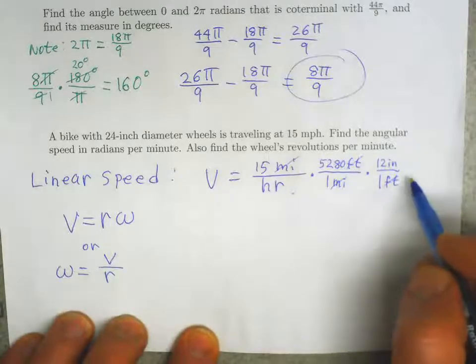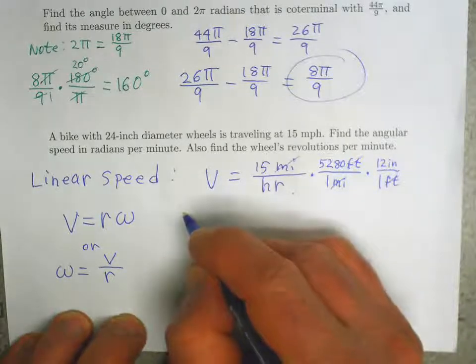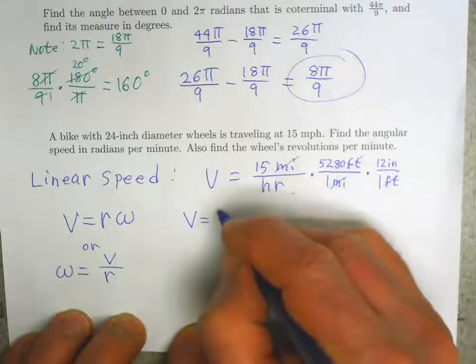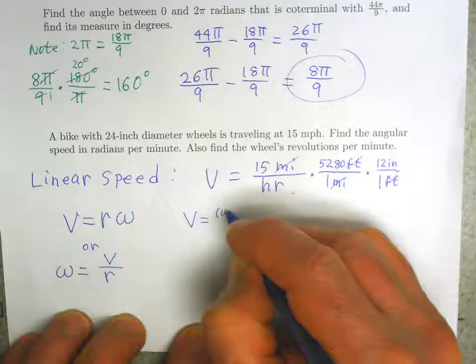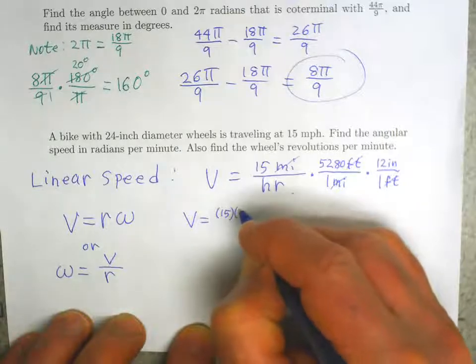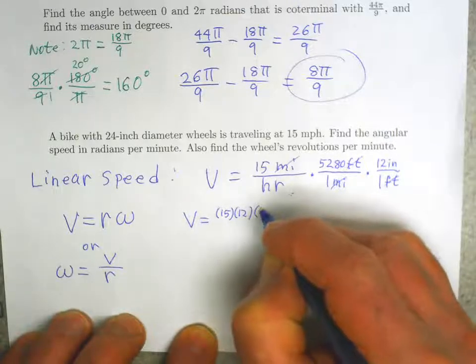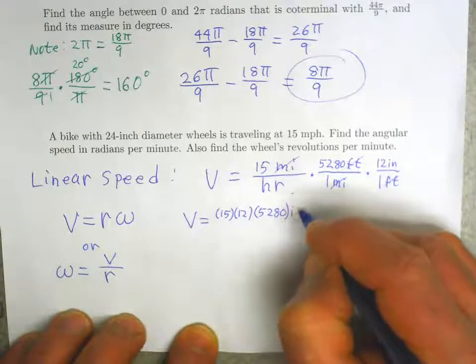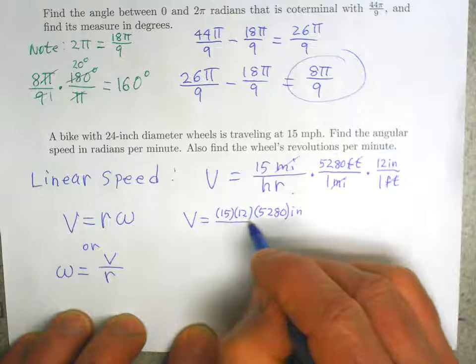So I ran out of space over here, so I'm going to rewrite this. I'm going to leave it in factored form for now, 15 times 12 times 5,280 inches per hour.